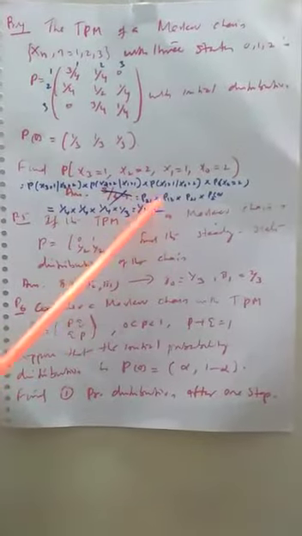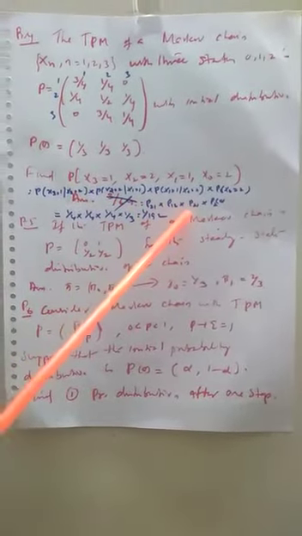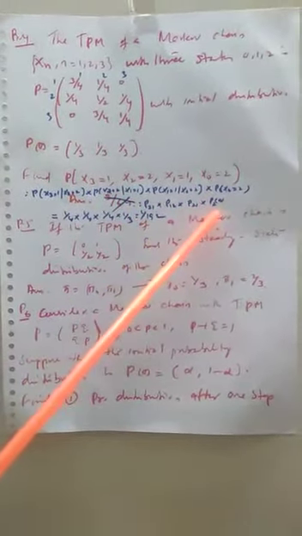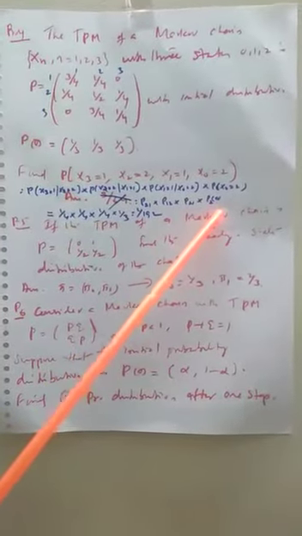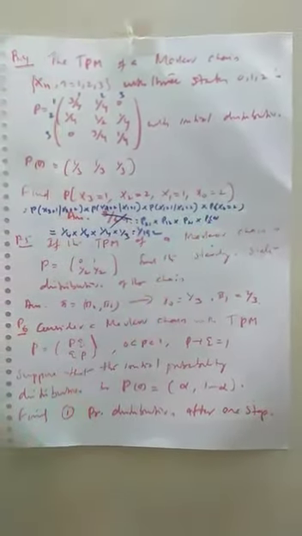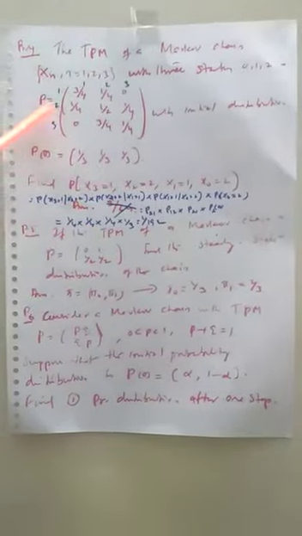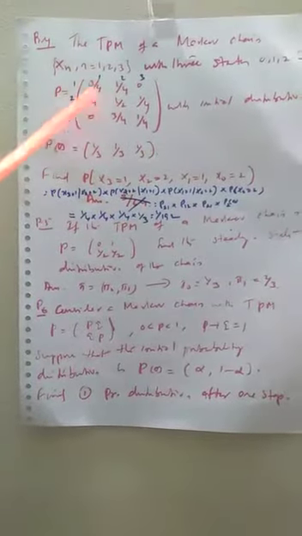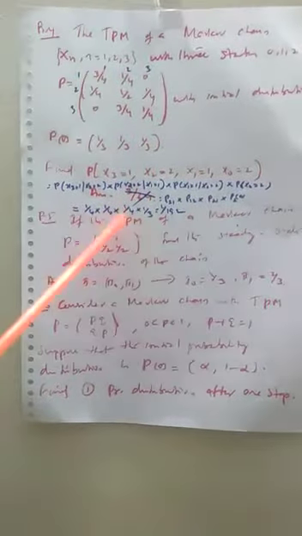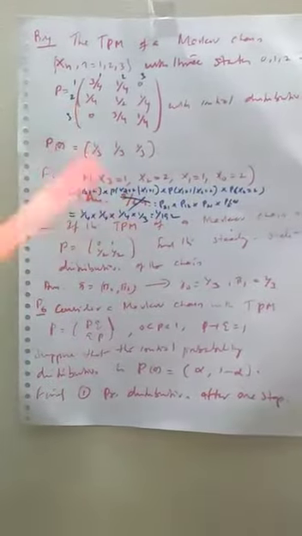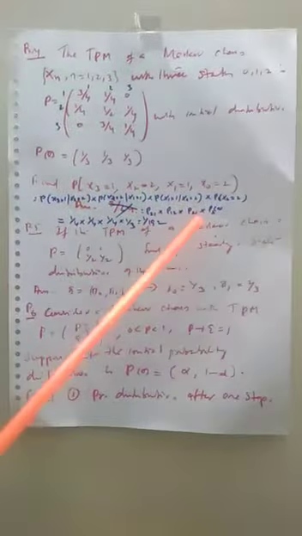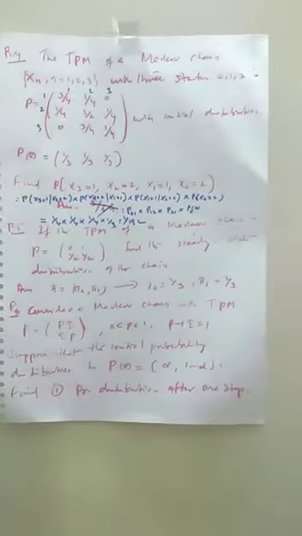That is equal to P21 into P12 into P21 into P20. Now P21 is 1 by 4. P12 is 1 by 4. Next P21 is 1 by 4. P20 is 1 by 3. That equals 1 by 192.